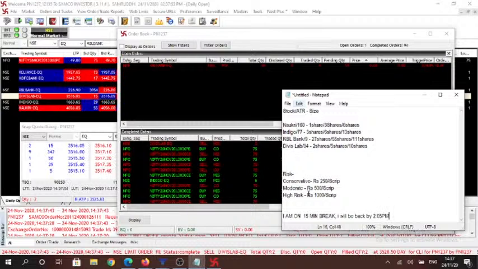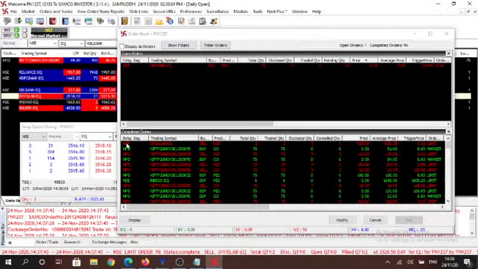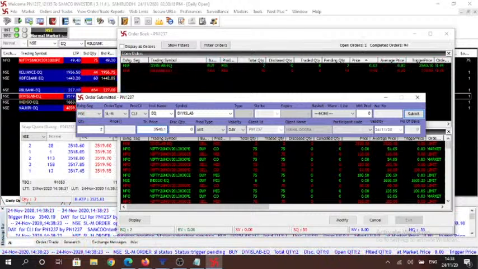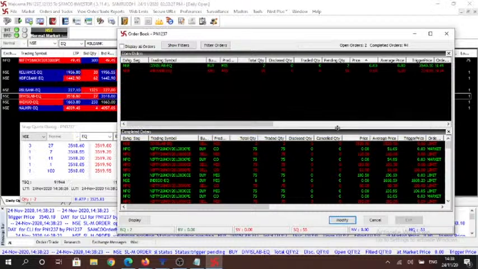That is why I have shorted less quantity, and our stop loss is going to be 3541, plus, 3540. So there you go, we have a stop loss for our trade as well now.